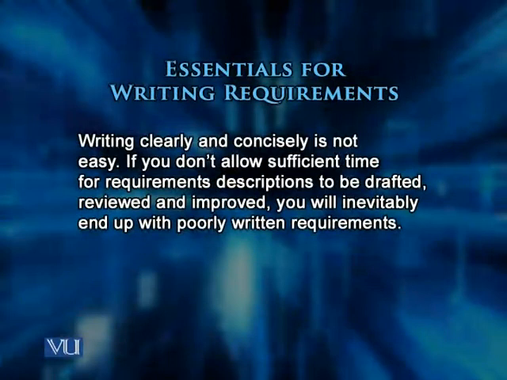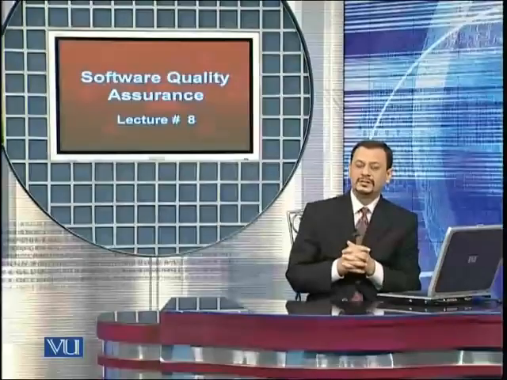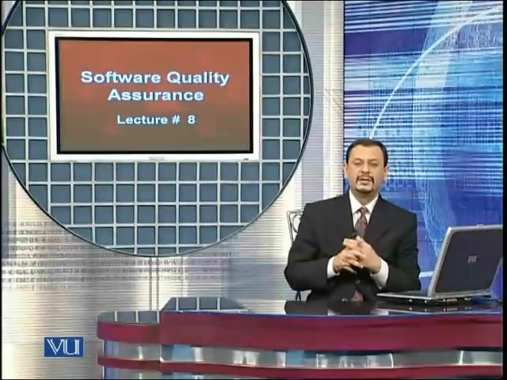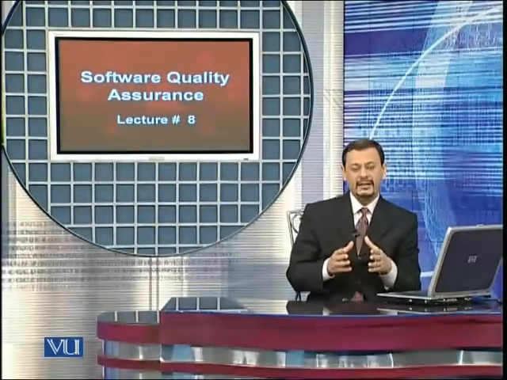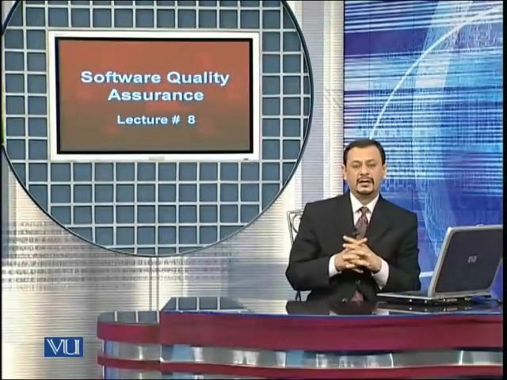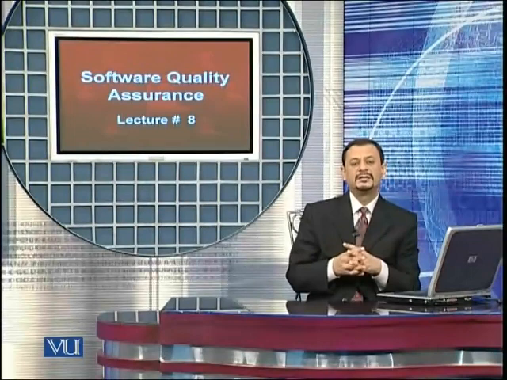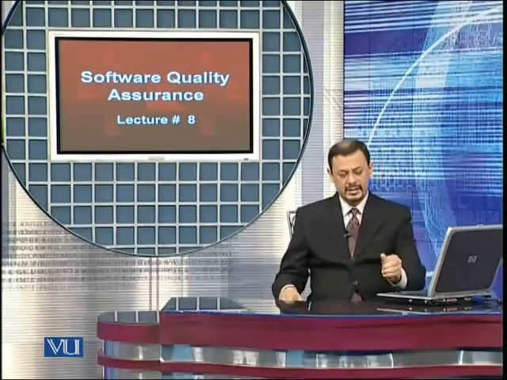If you don't allow sufficient time for requirements descriptions to be drafted, reviewed and improved, you will inevitably end up with poorly written requirements. So there is a time factor involved in the process of documentation of requirements and the review of those requirements, and with the review comes an improvement which is natural.